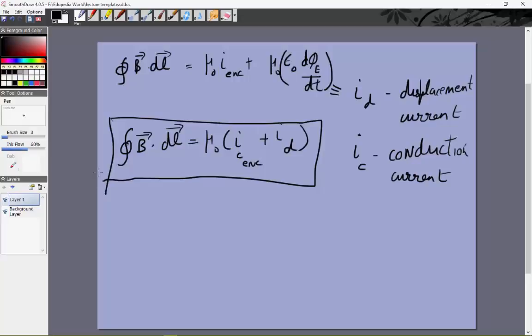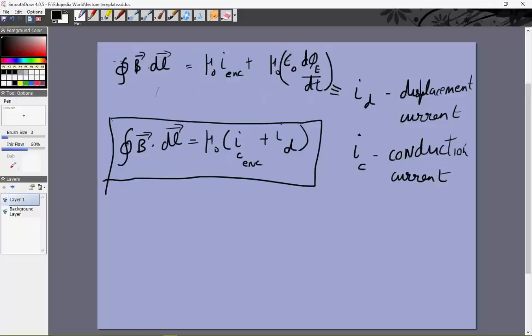The surface integral of electric field is Q enclosed by epsilon naught. Surface integral of magnetic field is 0. Line integral of electric field is minus d phi b by dt, and line integral of magnetic field is written right here, mu naught times the conduction current through the loop plus the displacement current through the loop. This is obviously through the loop because the flux will be taken through the loop along which we are applying B dot dl.